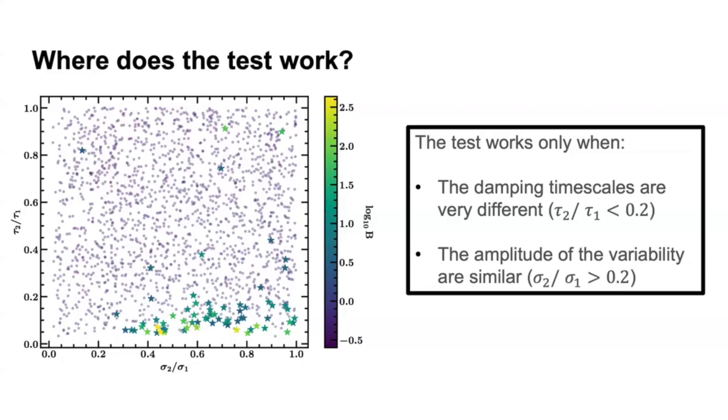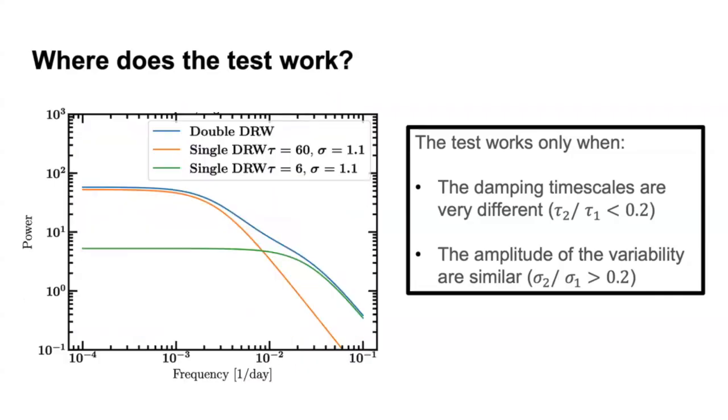To understand why this happens, we can take a look at the power spectral density. If we take a look at it, you can see in orange and green the power spectral density that you expect for a single damped random walk, and in blue the one from a double damped random walk. And as you can see, the shape of the power spectral density for this combination of parameters starts to deviate from that of a single damped random walk.